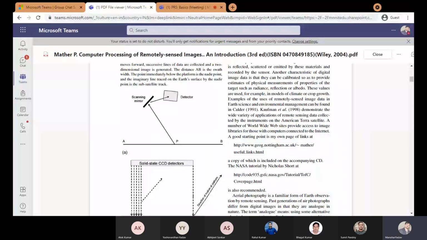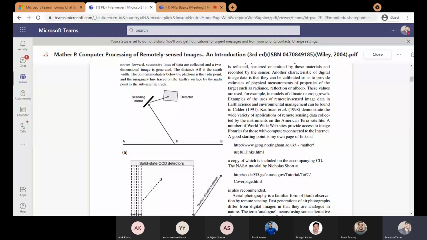So one detector is in the red band, one in the near infrared band, and one in the mid infrared band. Once the energy comes from the sun and interacts with point P, it is reflected back in all the wavelengths.